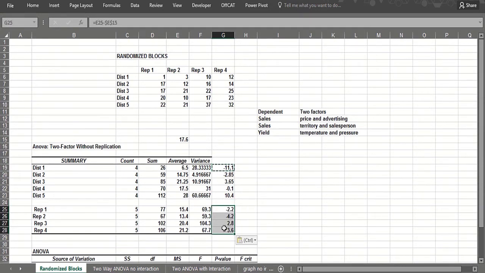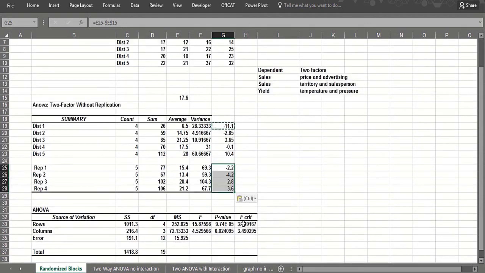Now the question is, are these effects significant? And there you just go to your p-values again. So rows is going to be the district, and the salespeople are columns. So you look and see, are your p-values less than 0.05?